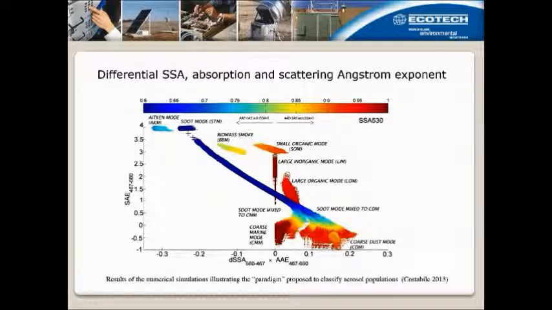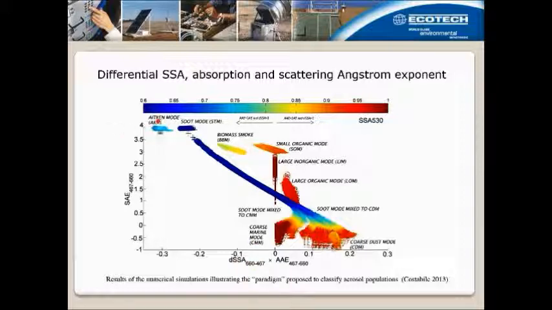If you use the single scattering albedo values in the plot I showed you earlier, researchers now go further along, and you have the scattering absorption exponent here, and the absorption exponent in this area multiplied with the single scattering albedos, or differential single scattering albedos.